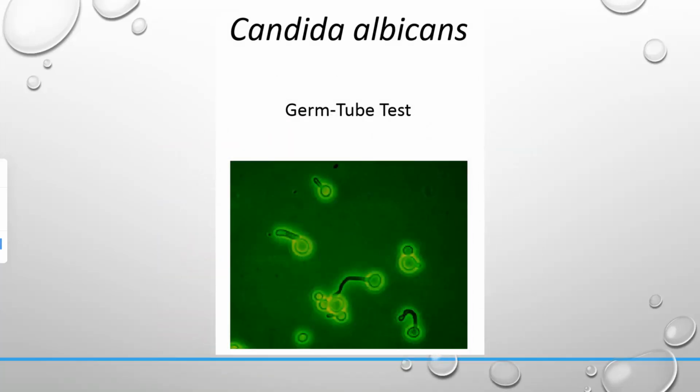Candida albicans is also positive for the germ tube test. For the germ tube test, you would basically take some Candida albicans, put it into some serum, and then incubate it, usually for a minimum of 4 hours, sometimes overnight. Candida albicans will grow out this germ tube structure, which is easily identifiable.